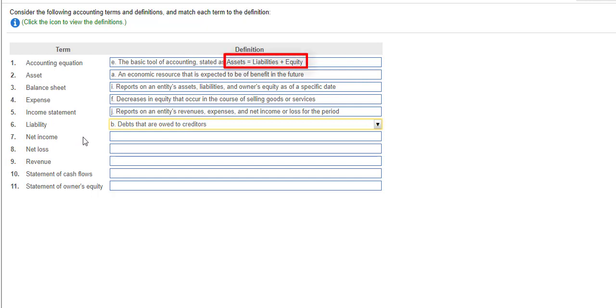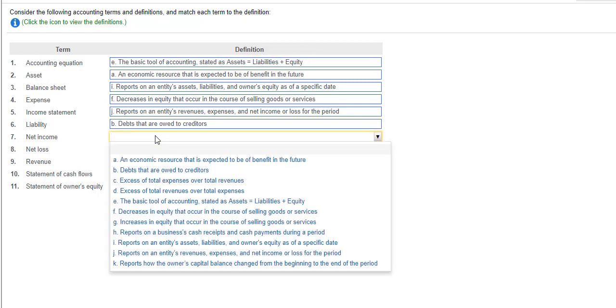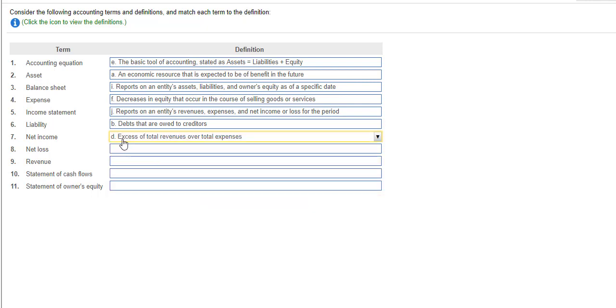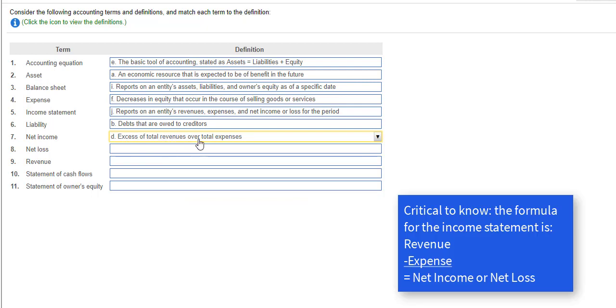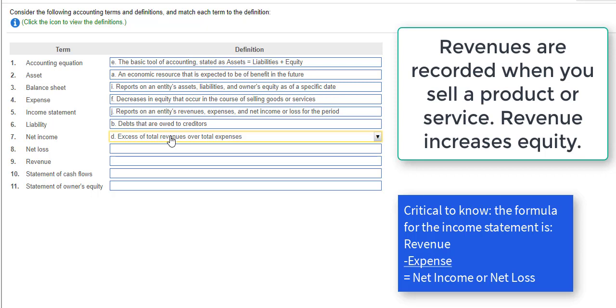Now let's talk about net income. What's the formula for net income? It's revenue minus expenses. So you could say it's the excess of total revenues over total expenses. Revenues, remember, occur when we sell something.